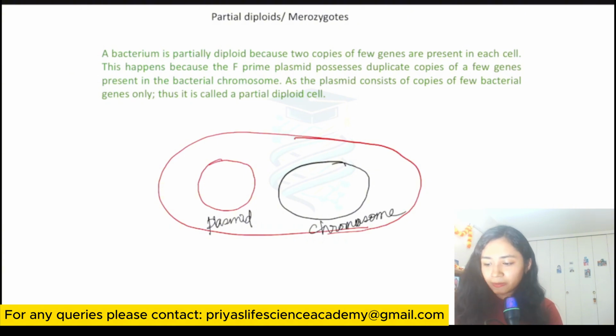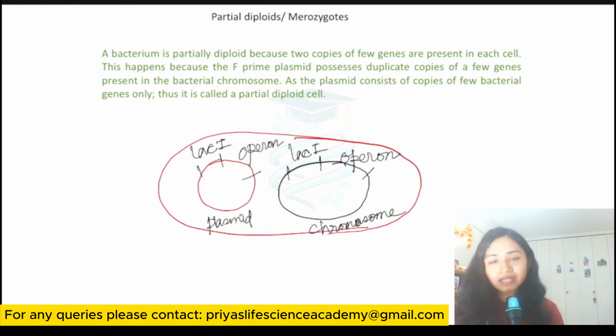The plasmid DNA contains the lacI gene and the chromosomal DNA also contains the lacI gene. The plasmid DNA contains the operon and the chromosomal DNA also contains the operon. So this F plasmid contains some of the chromosomal genes in itself. That is why they are known as partial diploids.